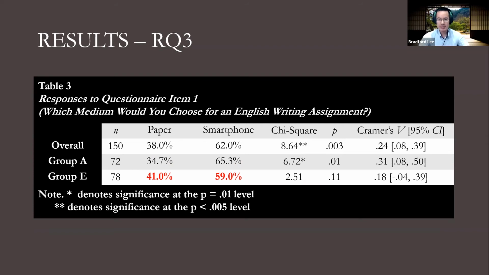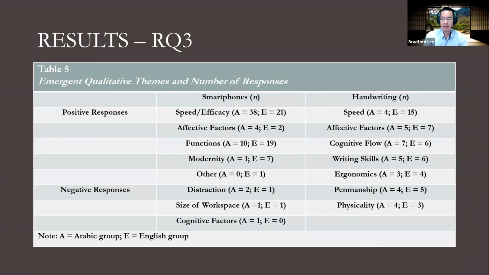Perhaps this is because they actually experienced doing both trials, and knew that it does take a lot longer to complete the assignment on smartphone. So we assume that's why the statistics here are slightly different. As to why they answered as they did, the qualitative results are tabulated here.